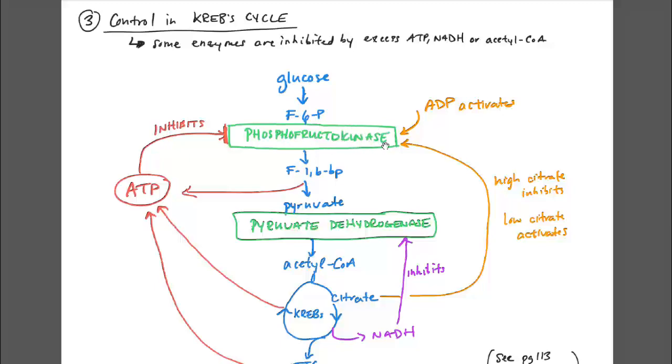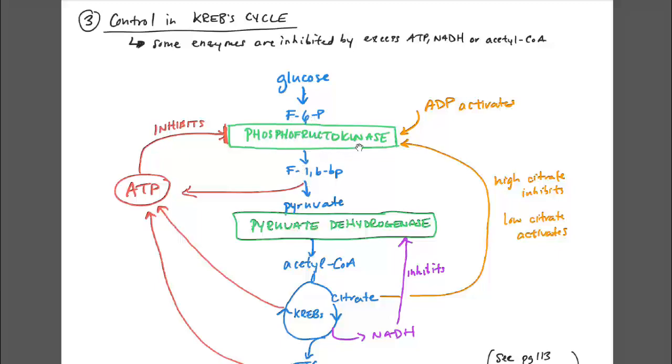A kinase is an enzyme that does the job of ripping off phosphates from ATP. So if it's phosphofructokinase, it's ripping off a phosphate group from the ATP and giving it to the fructose 6-phosphate, which gets another one.